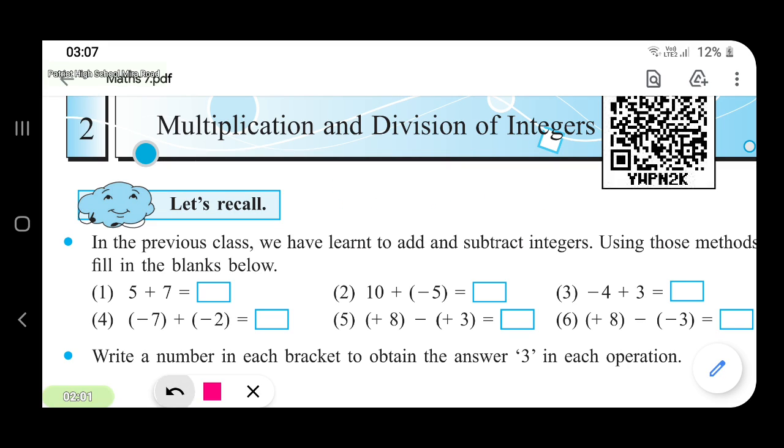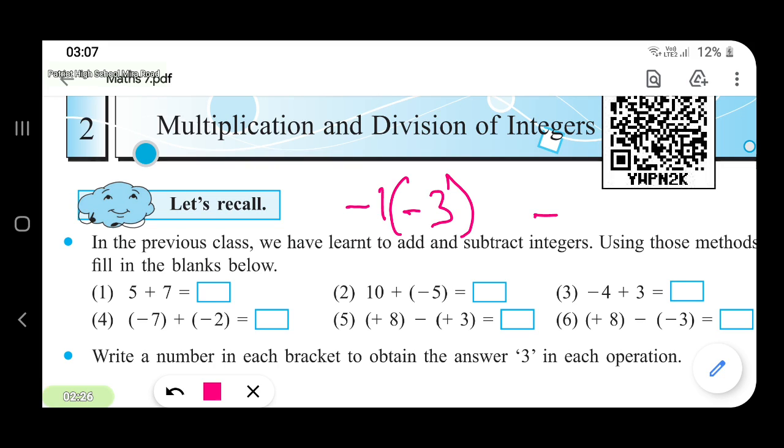Now the sixth example, plus 8, this is a positive quantity, and minus of minus 3, minus 3 is a negative quantity. So suppose you have minus sign outside the bracket and inside the bracket you have another negative. So actually it is a product of 1 and minus 1 and minus 3.